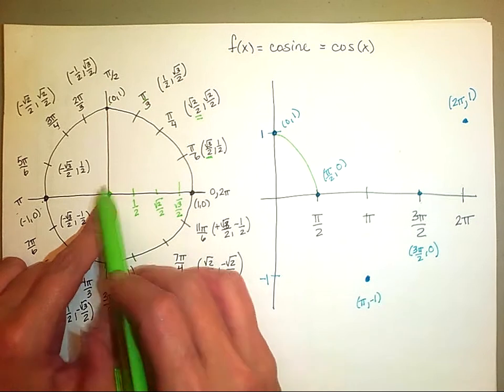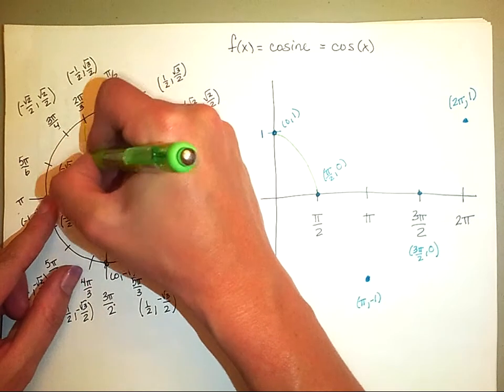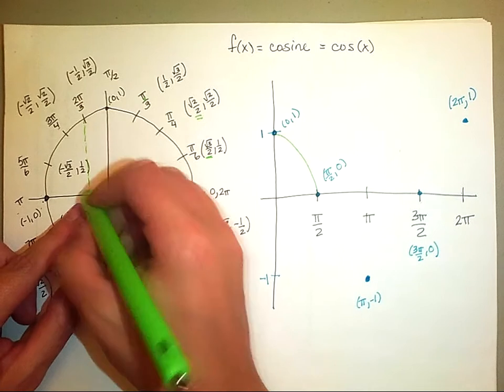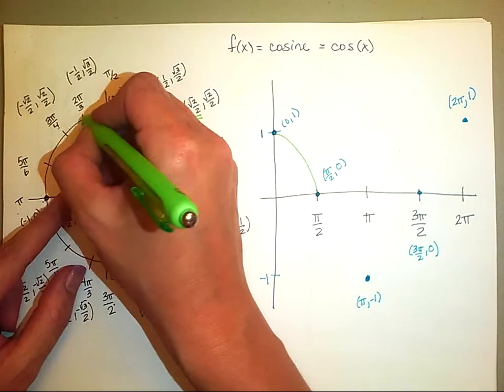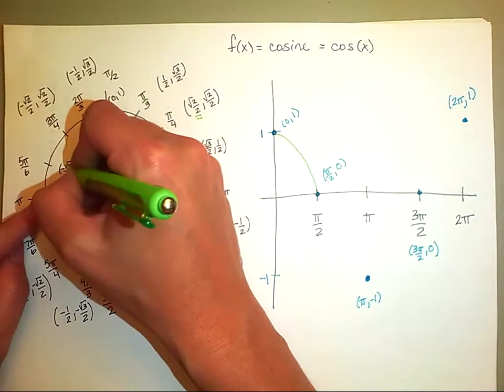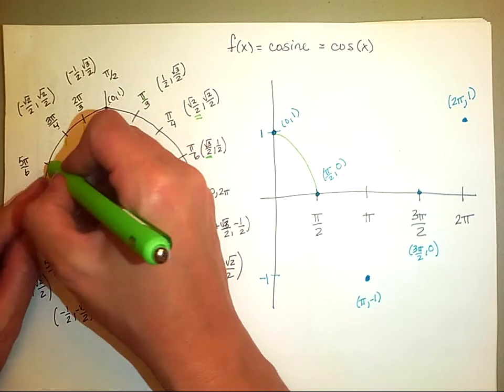Now, from pi over 2 to pi, as we go forward at 2 pi over 3, we start at 0, and now we're at negative 1/2. By the time we travel to 3 pi over 4, the cosine is negative square root of 2 over 2.